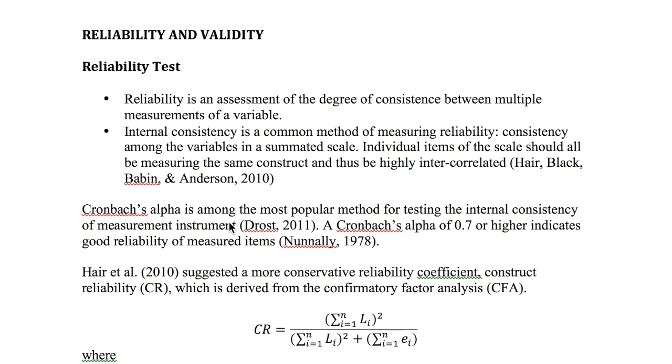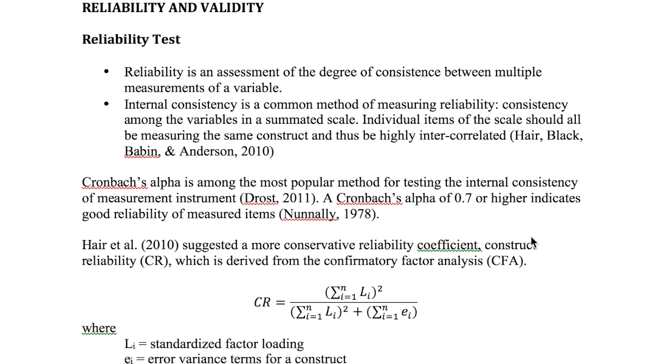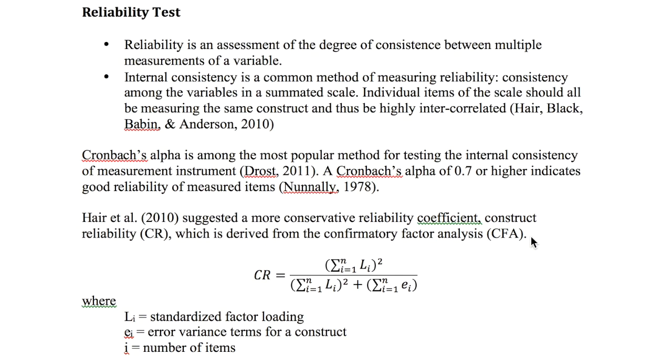Cronbach's alpha is one of the most popular methods for testing the internal consistencies of measurement instruments. A Cronbach's alpha of 0.7 or higher indicates good reliability.